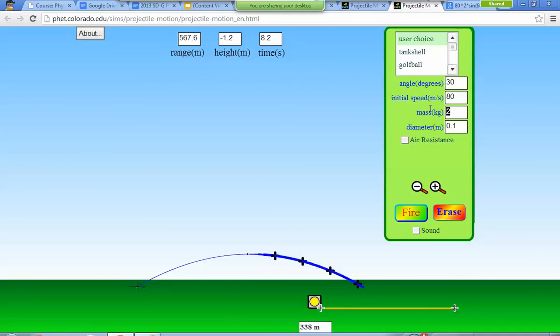Let's see. Would changing the mass do anything for that? No, not really. It looks like it's going the same exact path. I think they're wrong. Oh, I know why. Because the height is negative 1.2. They didn't start the height at 0.